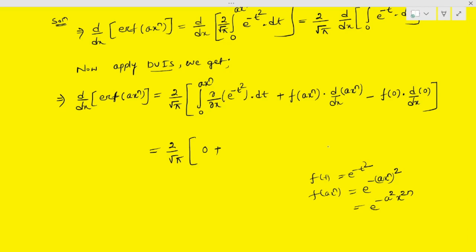So the same thing we write first: the value f of ax to the power n is e to the power minus a square x to the power 2n.